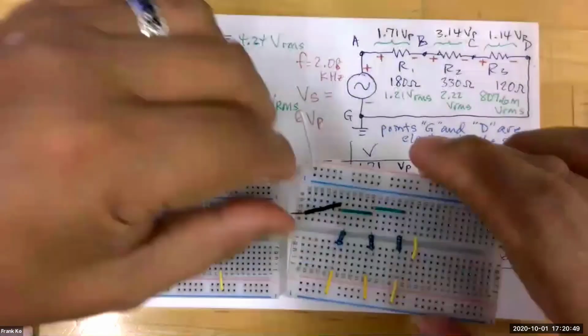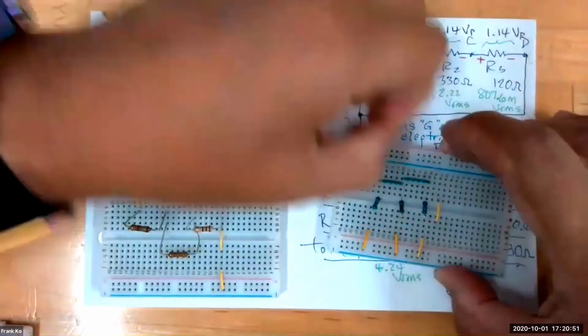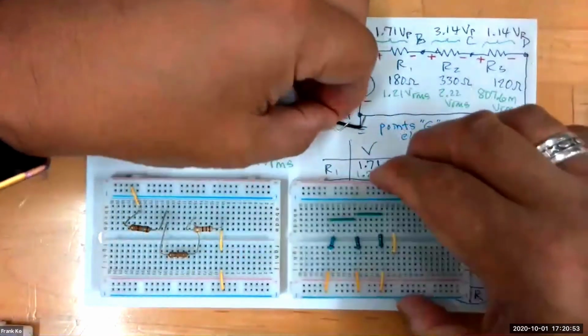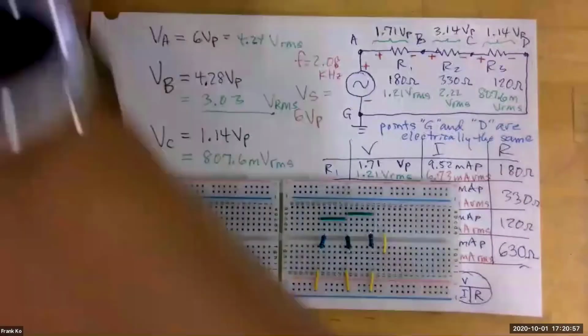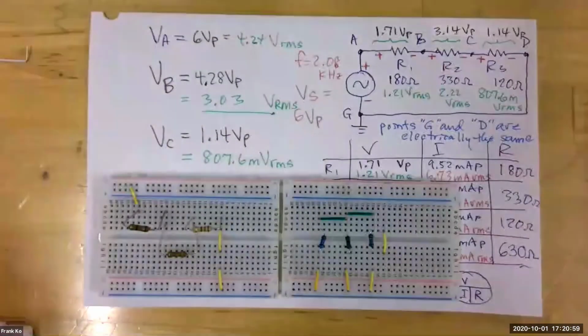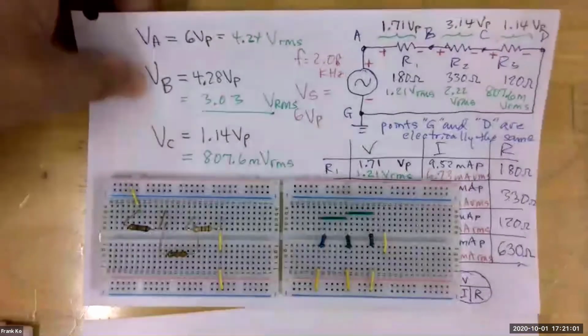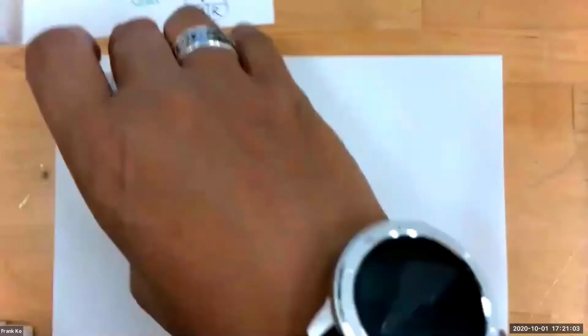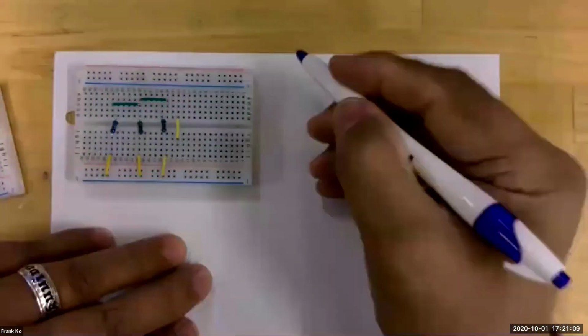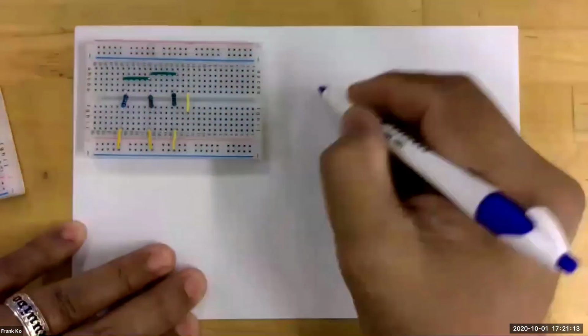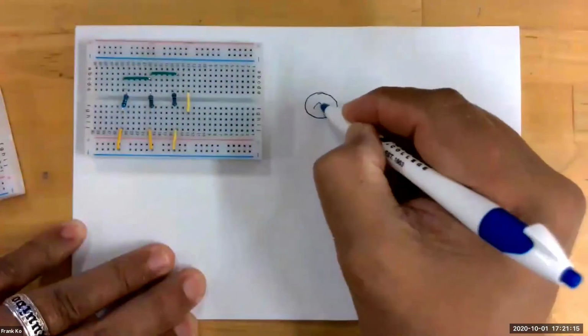So here we go. Here's your parallel circuit. You will have different resistors for parallel. And for parallel, let me show you what it is that you're going to be building. And let me go ahead and do this. This will be right here, AC voltage source.